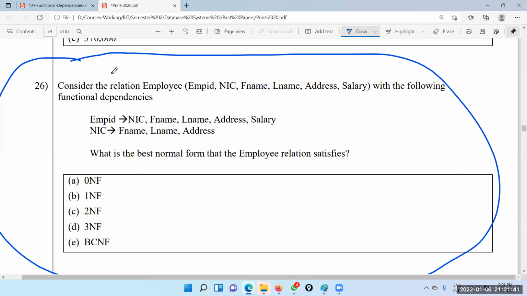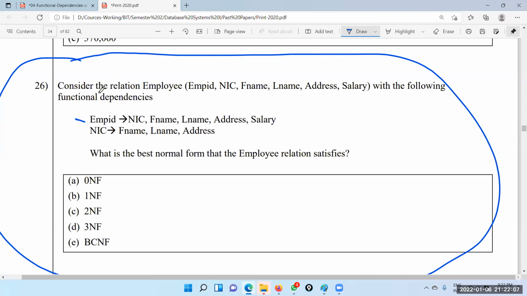What is the best normal form that the employee relation satisfies? එක එක බලන්න ඕන. Employee relation. You can clearly see that this must be your primary keys, right?